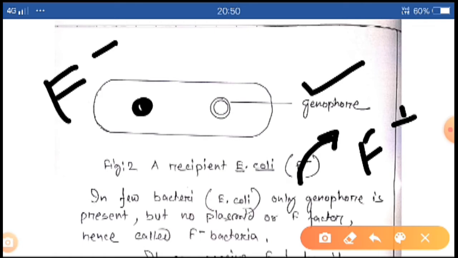That is, by conjugation, one F minus recipient Escherichia coli is converted to F plus by receiving the genetic material of the F plasmid from the donor cell. The donor may be F plus or HFR.